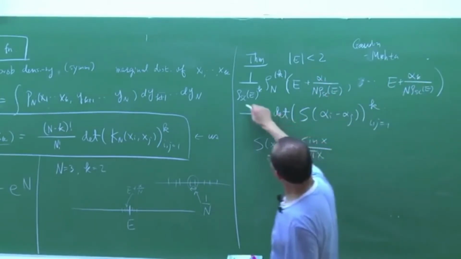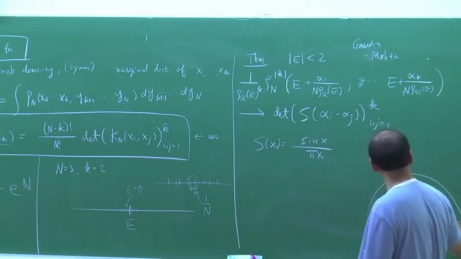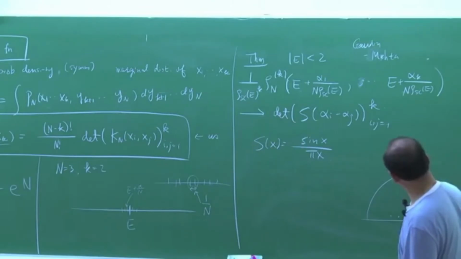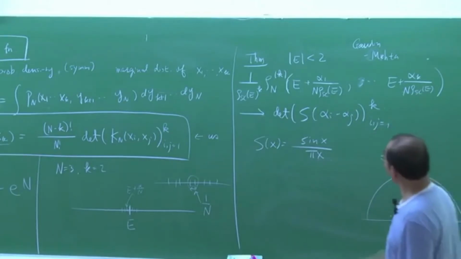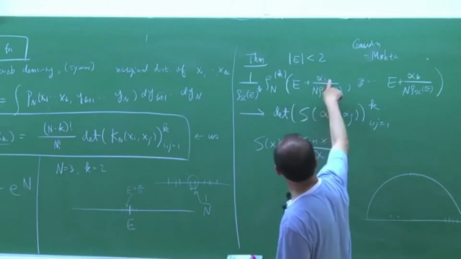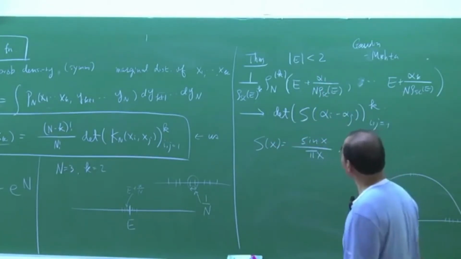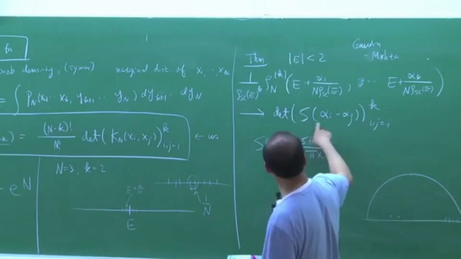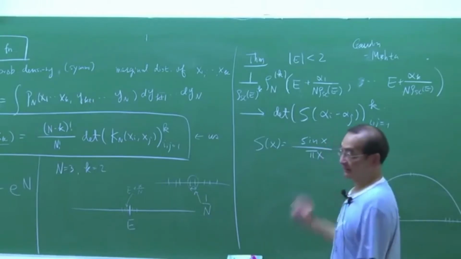And this rho semicircle of E is there because, remember, we have a semicircle law. So there are more eigenvalues here and fewer here. So you just normalize correctly. If you normalize correctly, and you take any energy E fixed, and you shift by alpha_1 to alpha_k at the scale 1 over n, then you can compute this determinant of S(alpha_i minus alpha_j), and this S of x is sine(pi x) over pi x.